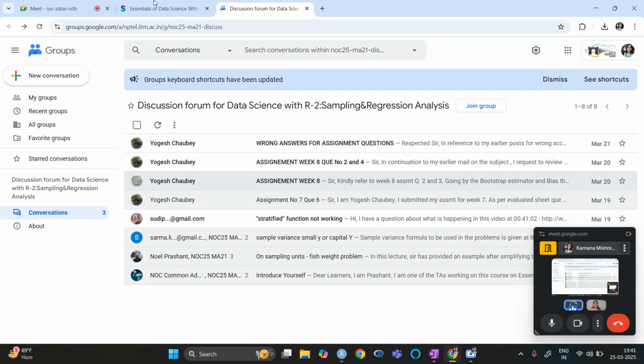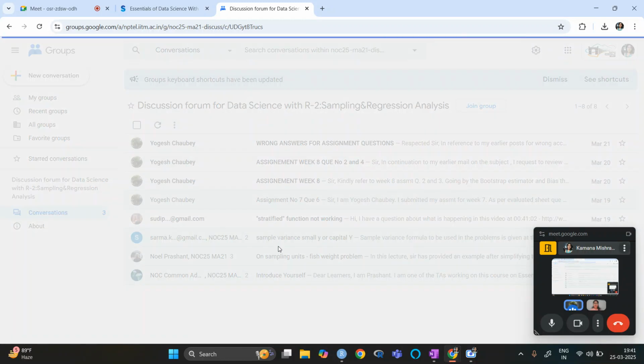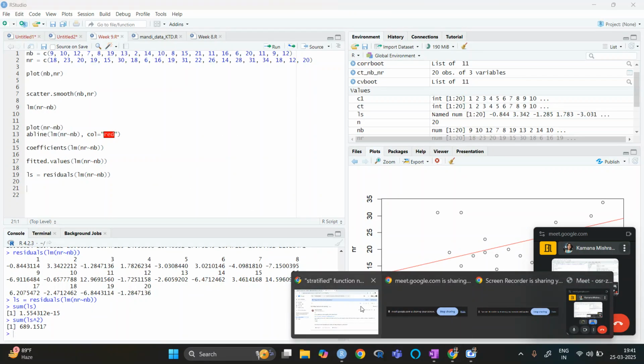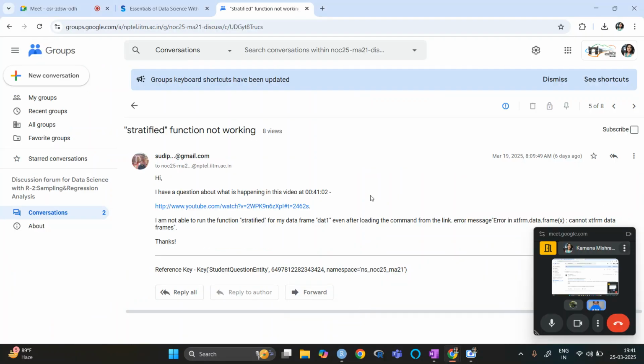This has been seen by many, but I don't think any official from NPTEL has replied at all. They have not replied for others also, like here, for the stratified function. For me also, the stratified function was not working, so I think I have taken some other library, and based on that I will give the answer.